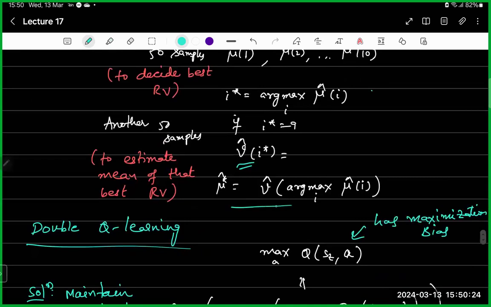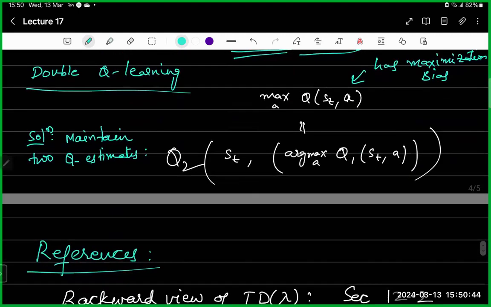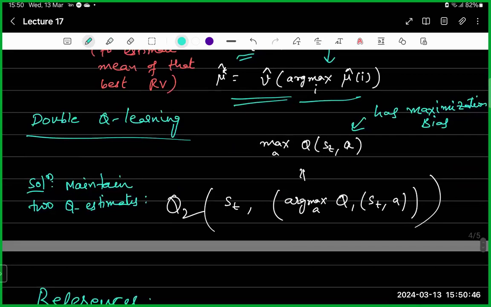So essentially, it boils down to this kind of an issue. You maintain two estimates, you find which action is the best based on one set of estimates, and then you find the actual expected value of that using another set of estimates. As I said, in double Q learning, that is what we do. We maintain two estimates of the Q function, which are Q1 and Q2.